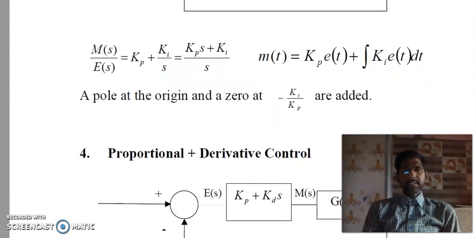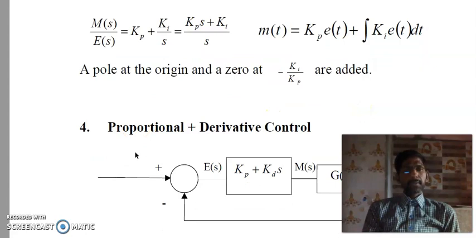A pole at the origin and a zero at minus Ki by Kp are added.